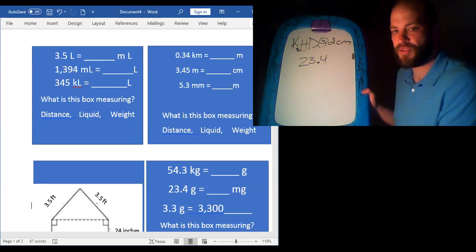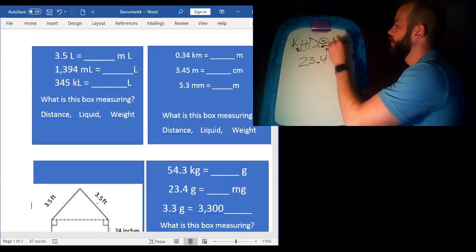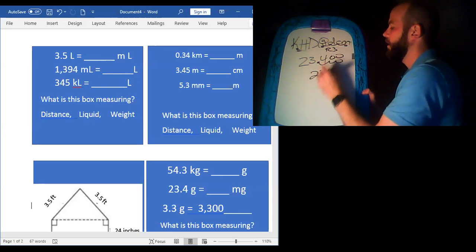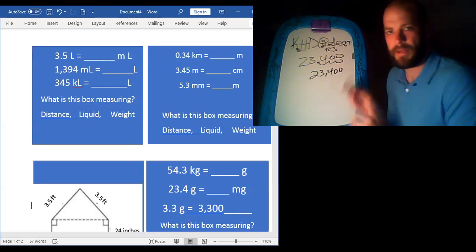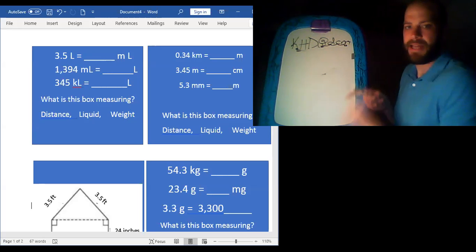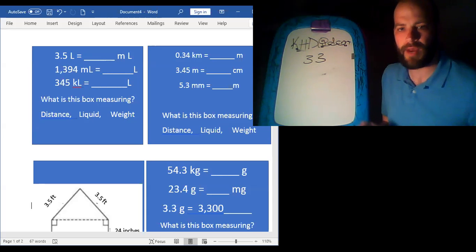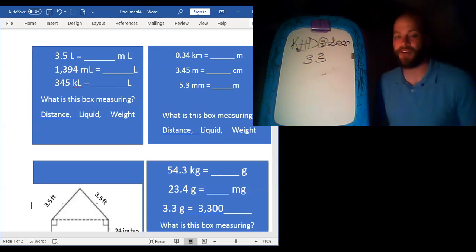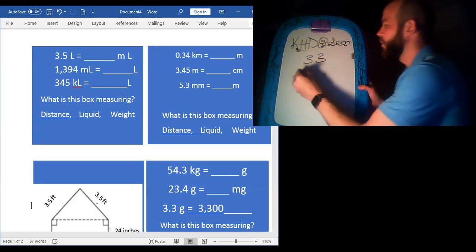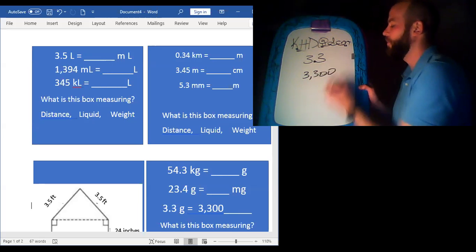23.4 grams to milligrams. Grams to milligrams. We're going right 3. 23,400. Now, last but not least on this box, 3 3/10 grams is equal to 3,300. All right, so these are not my favorite kind. We want to take this and turn it into 3,300.